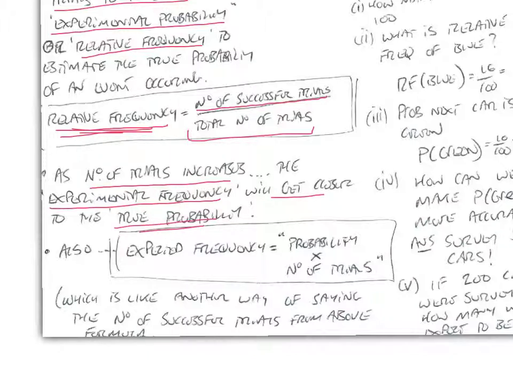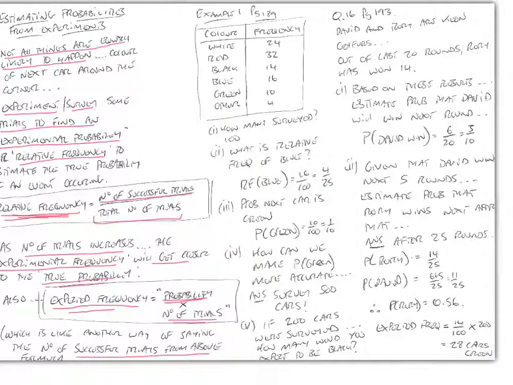Also we can say that the expected frequency, which is another way of saying the number of successful trials, is equal to the probability times the number of trials. I guess the best thing to do is to look at a couple of examples.